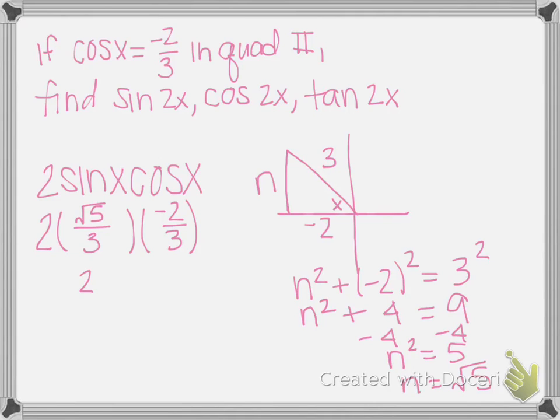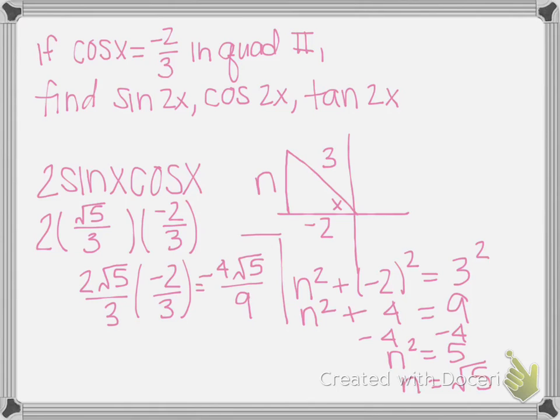What am I multiplying? Square root of 5. But then I still have to multiply this, right? So now what do I have? Negative 4 times square root of 5 over 9. Good job. Okay, so we just found sine of 2x.